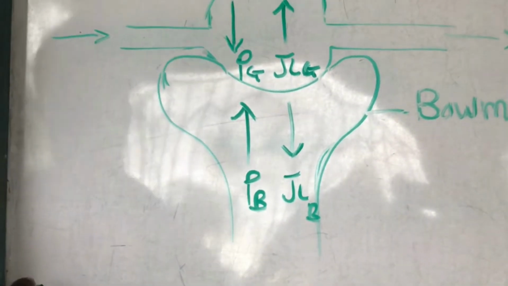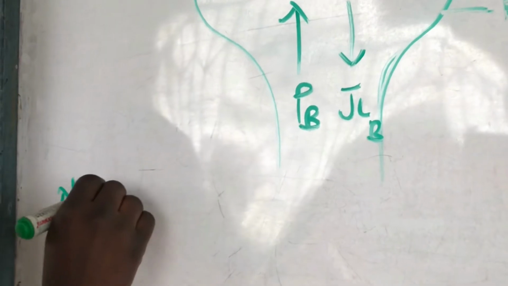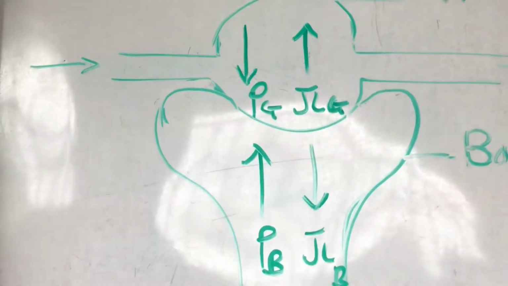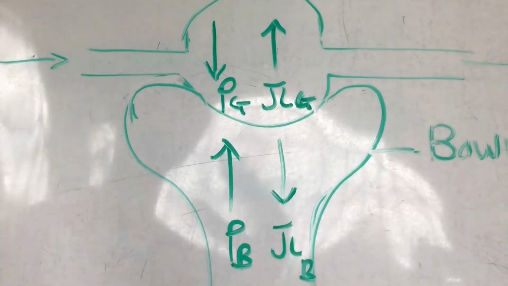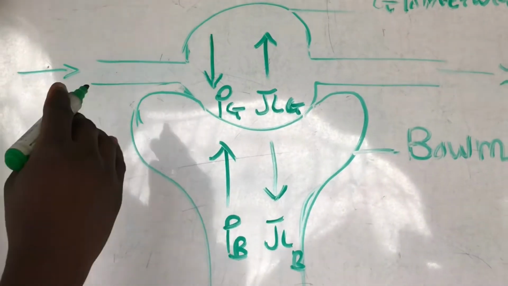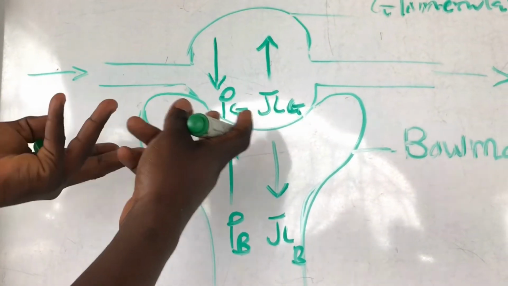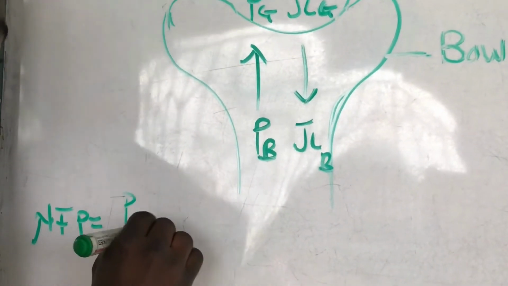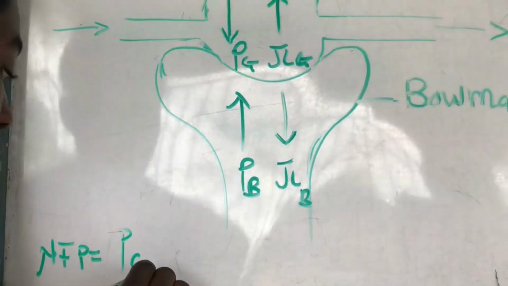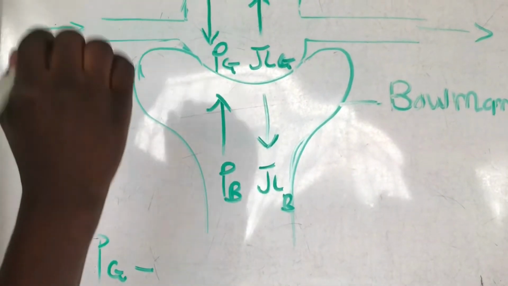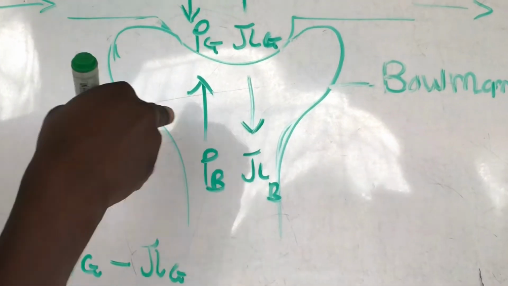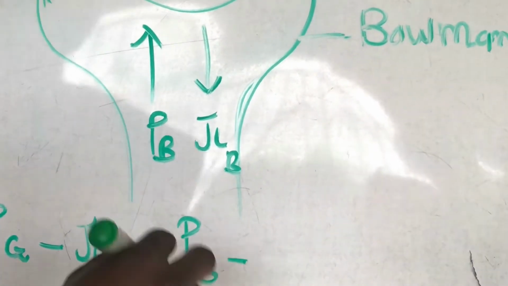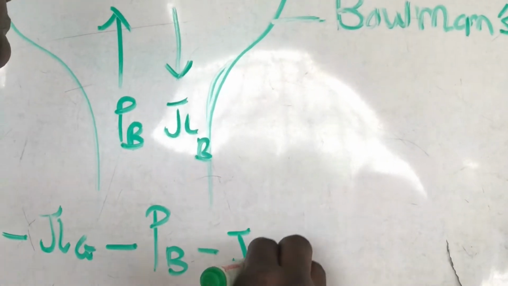From this whole structure, the net filtration pressure can be calculated as the sum of all the forces and pressures. But mind you, all the forces acting upwards will be negated in the formula. So, the hydrostatic pressure of the glomerular, Pg, which supports filtration, minus the oncotic pressure of the glomerular, minus the hydrostatic pressure of the Bowman's capsules, minus the oncotic pressure of the Bowman's capsules.